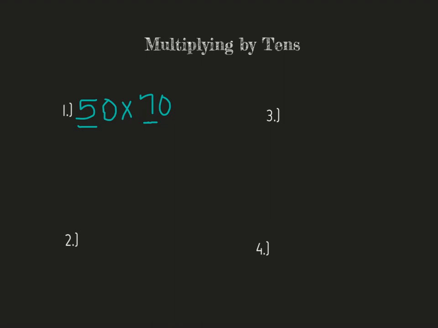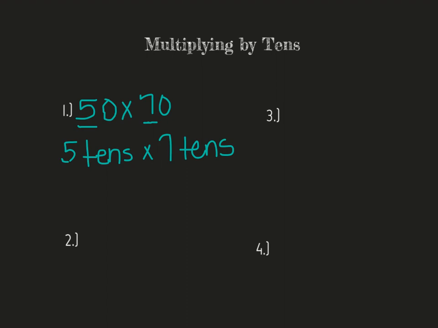So the strategy I look at is that technically I have 5 tens times 7 tens. And when I look at it like that, those seem like numbers that are simpler for me to multiply, right?